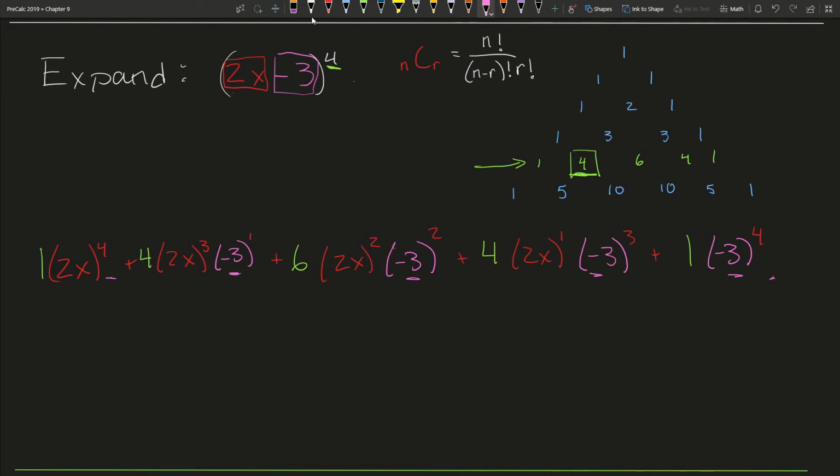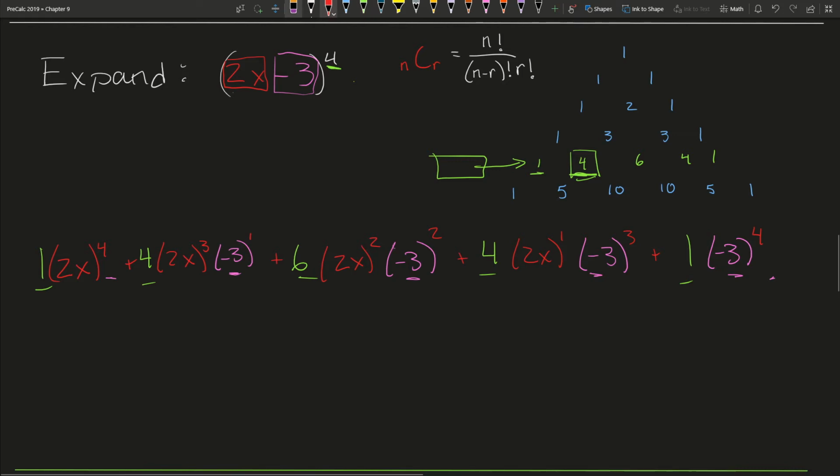Okay. And then, on top of that, there are all these coefficients. So the first 4, 6, 4, and 1, which we got from this expansion in Pascal's triangle. Okay, so if we simplify this just a little bit, 2 to the fourth is 16.